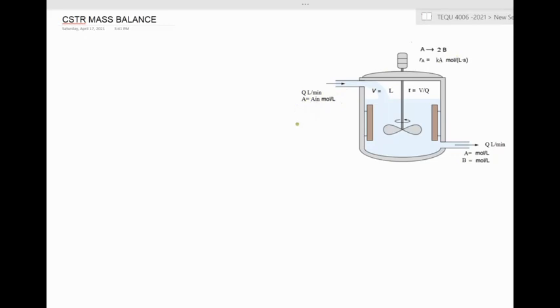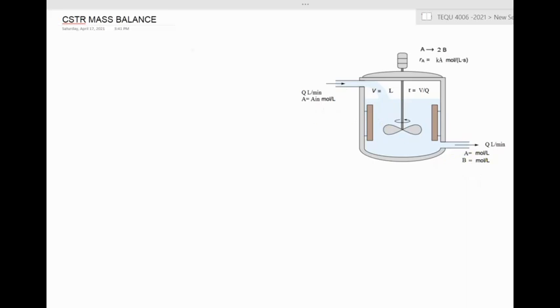Since B is formed in this reaction, at the exit we will have B, and whatever A is not completely reacted will come out as well.